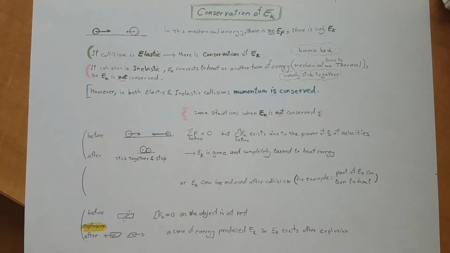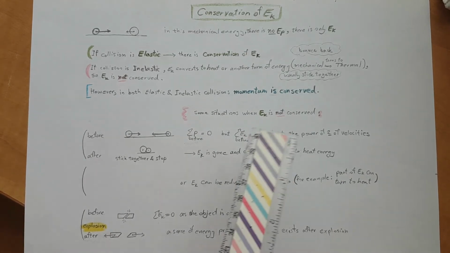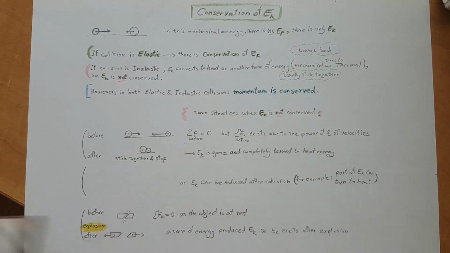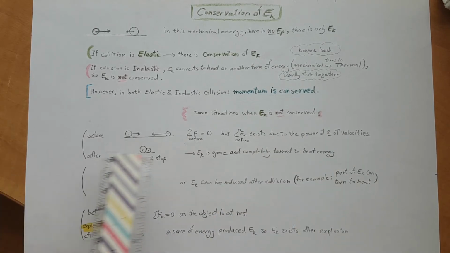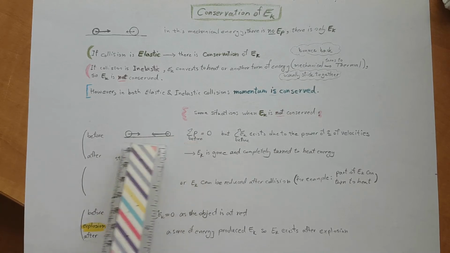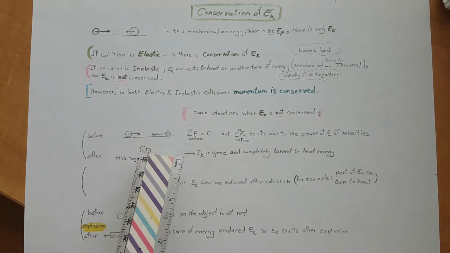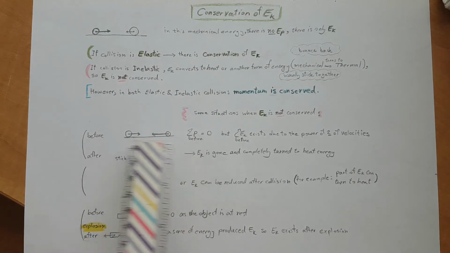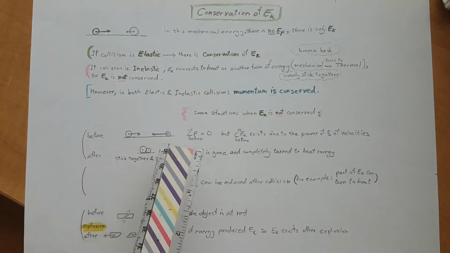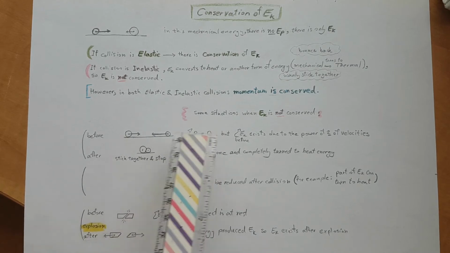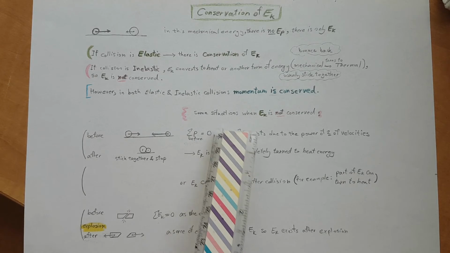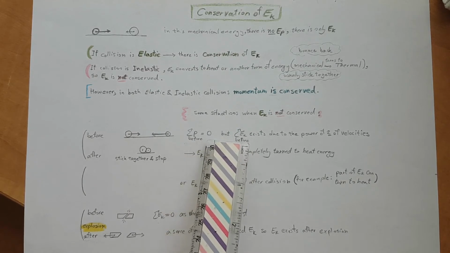So let's talk about some examples, some situations when the EK is not conserved, so it's inelastic. These are hitting each other. After they hit each other, they can stick together and just stay there. So once they're hitting each other, let's say the amount of these M's and the V's is such that the addition of momentum is zero.